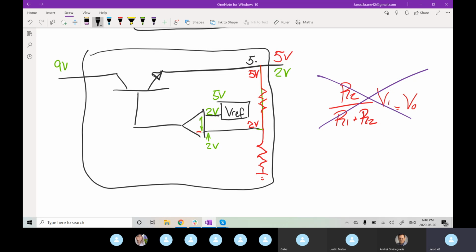Yeah, but the logic still follows exactly the same. We just have to do a small voltage drop to be able to talk the same as our reference voltage.